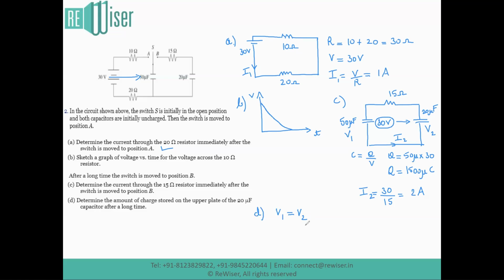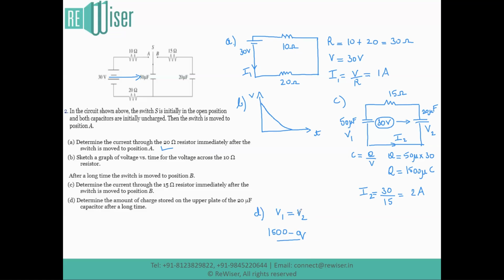So if the second capacitor is charged up to a value of Q, then the first one loses exactly that many charges. So the charge left in the first capacitor is 1500 minus Q, where Q amount of charge is transferred onto the second capacitor of 20 microfarad, divided by its capacitance. Now, we know that the voltages are going to be equal, so it doesn't matter what value we take. Let me redo this. We'll take this as V1, this as V2. Now, V is equal to Q by C, as stated before.